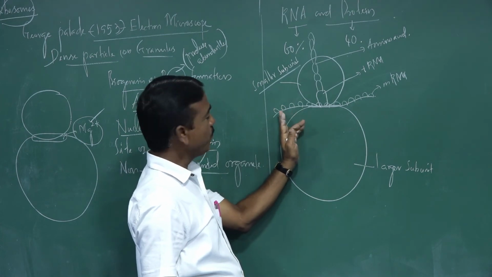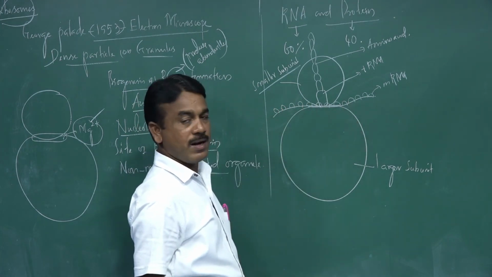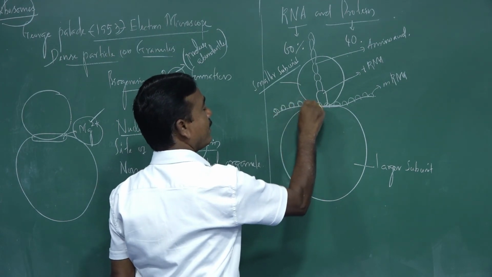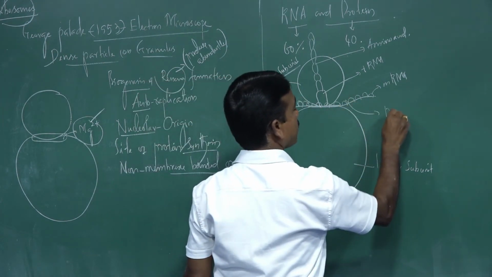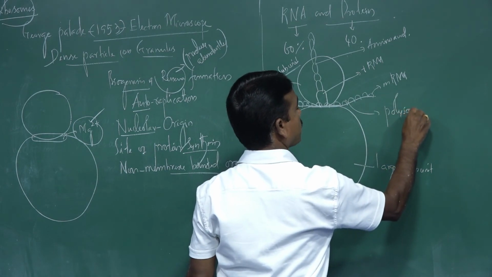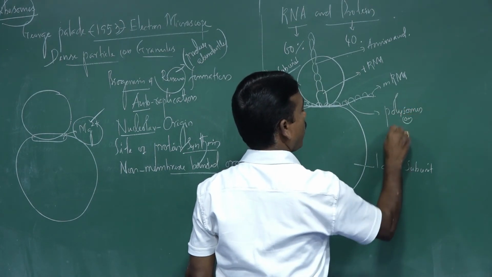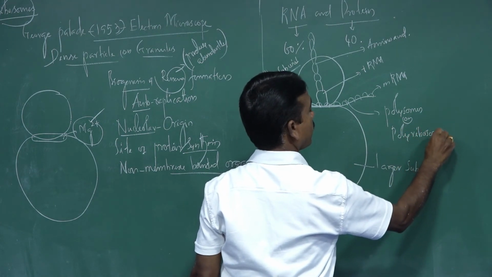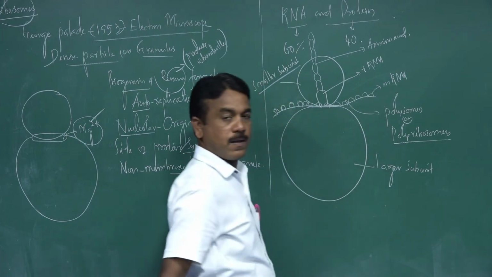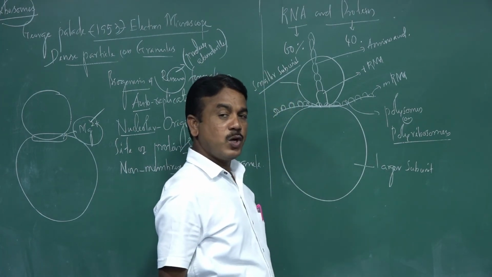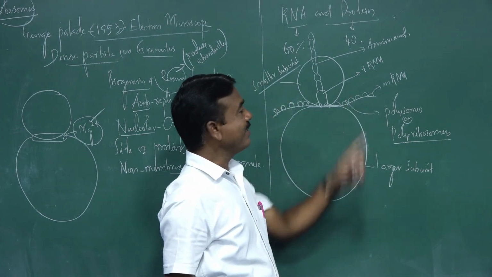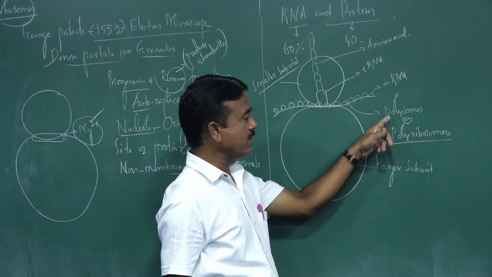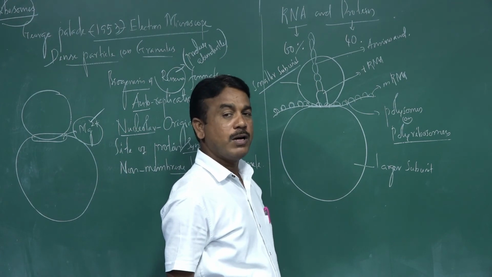During protein synthesis, a single strand of mRNA can be attached to many ribosomes. That is commonly called polysomes, or also polyribosomes.